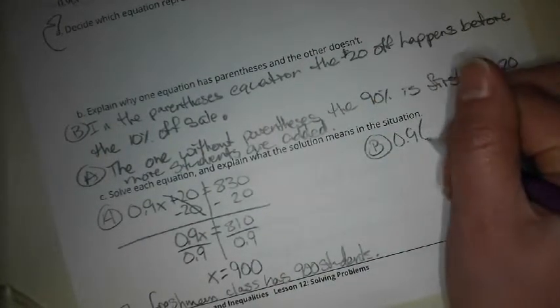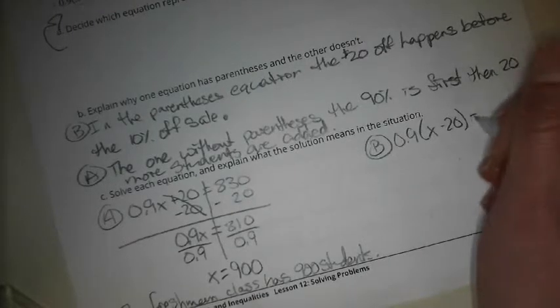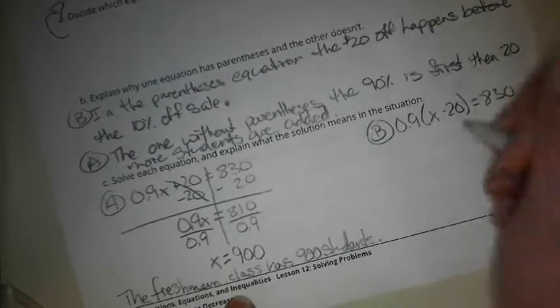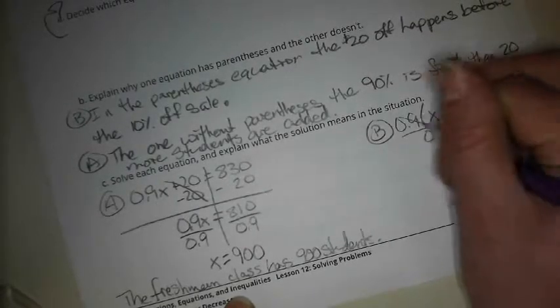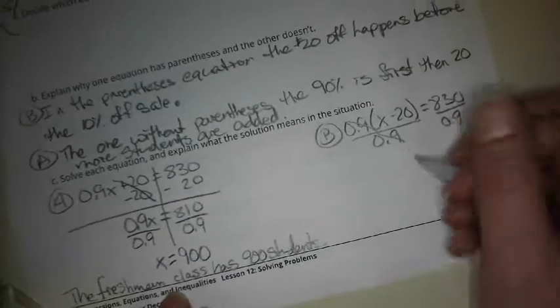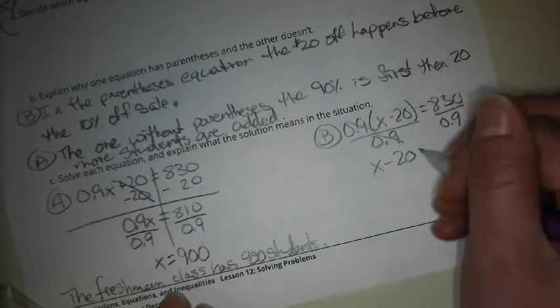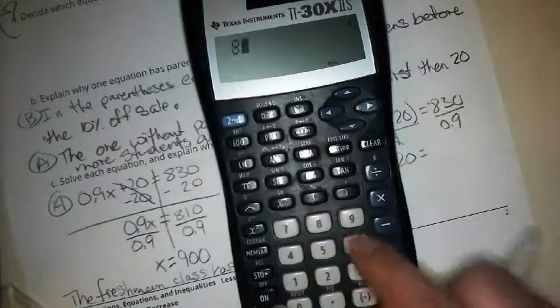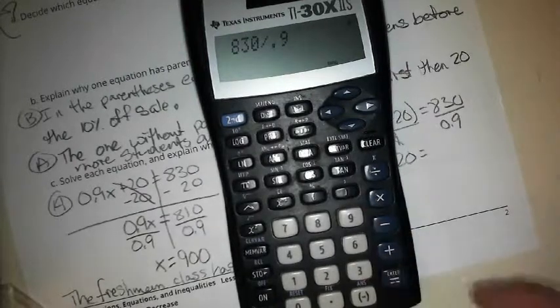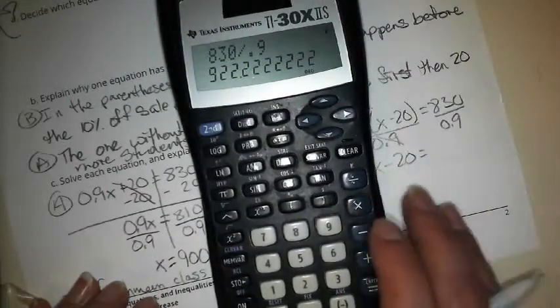Okay, B, 0.9 times (x minus 20) equals 830. So here I can use distributive property or divide first. So I'm going to choose to divide first. So I have x minus 20 equals 830 divided by 0.9. Uh-oh.